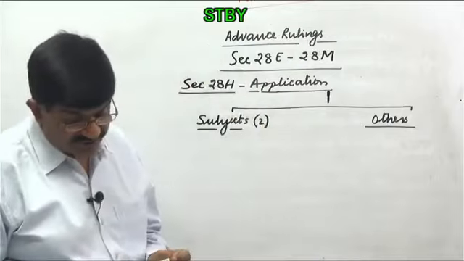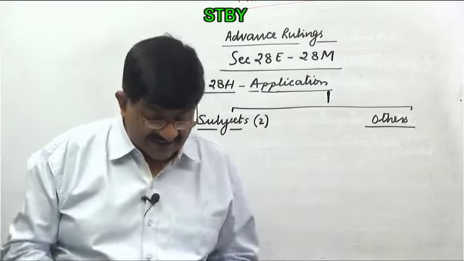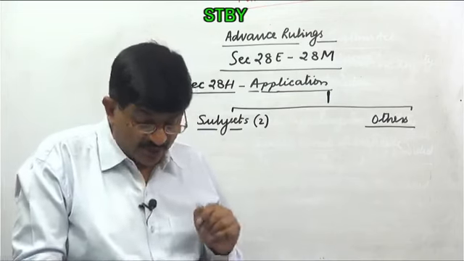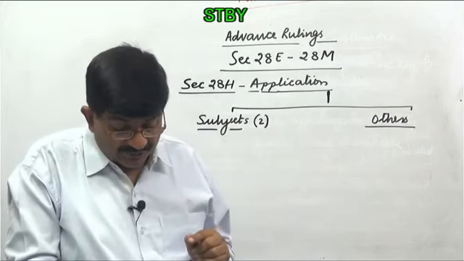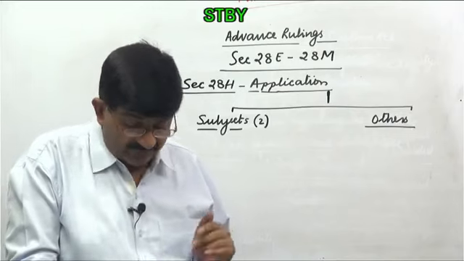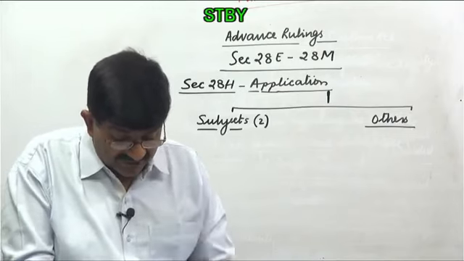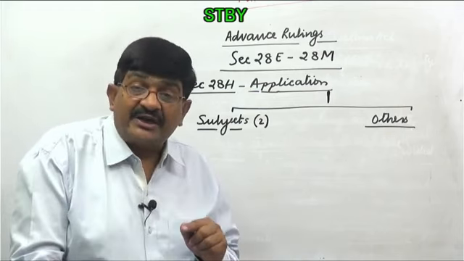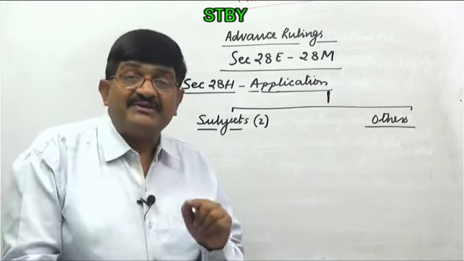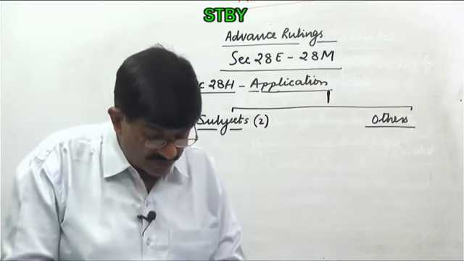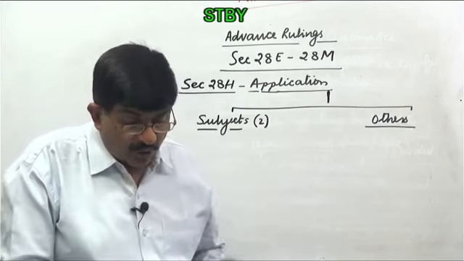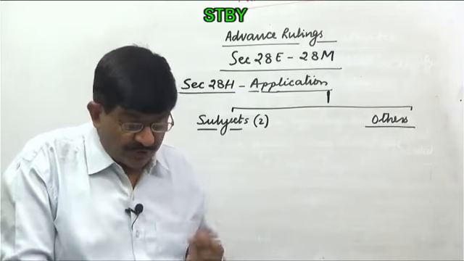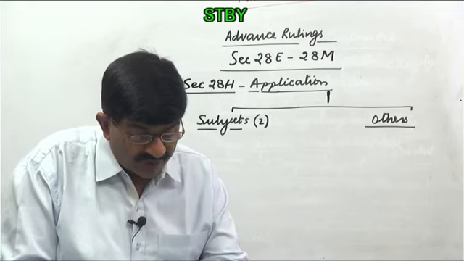So subsection 2 says classification of goods under the tariff, applicability of notification issued under section 25, that is exemption notification, the principle to be adopted for the purpose of determination of value, that is valuation, applicability of the notifications in respect of tax and duties under the Customs Tariff Act. So that is protective duty, safeguard duty, duty against subsidy, anti-dumping duty, we are talking about those duties. Then determination of the origin of the goods, and that is with respect to the preferential rate of duty, and any other matter central government may notify.